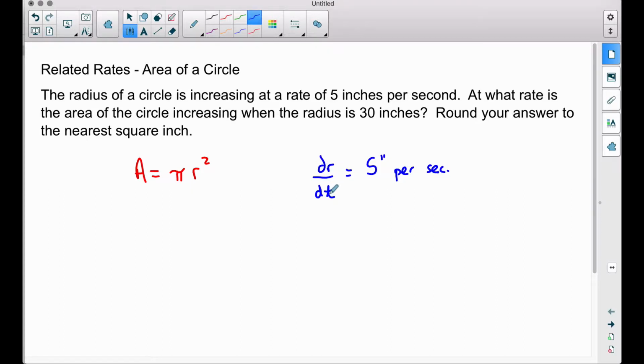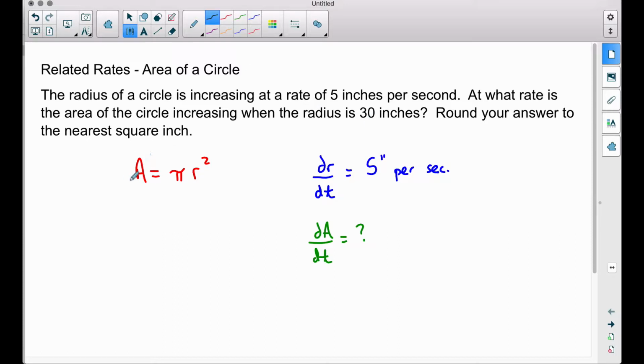When we apply some implicit differentiation in a moment, we will use this 5 inches per second for dr dt. We are trying to find the rate of change of the area, so we're trying to find dA dt. What is the rate of change of area with respect to time when the radius is 30 inches? We'll come back and talk about the 30 inches in a second.